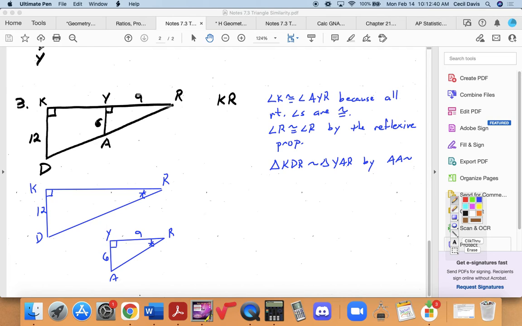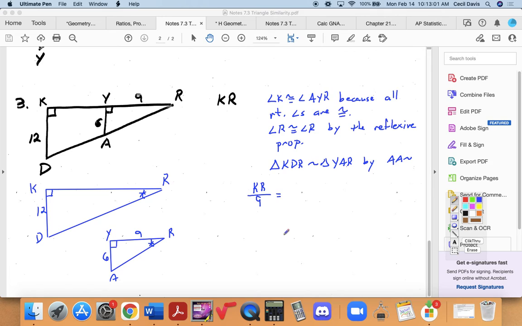Now we're looking for the length of KR. So again, I always start with what I'm looking for if I haven't already done the ratio. KR, that's the first letter and the last letter, matches up with YR, which is 9. Oh, actually, no, never mind.